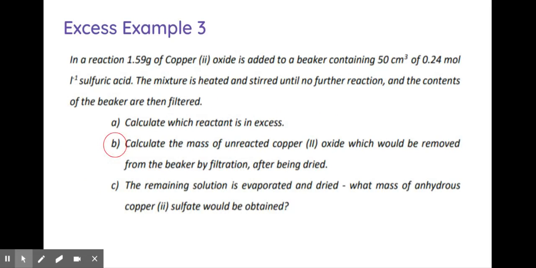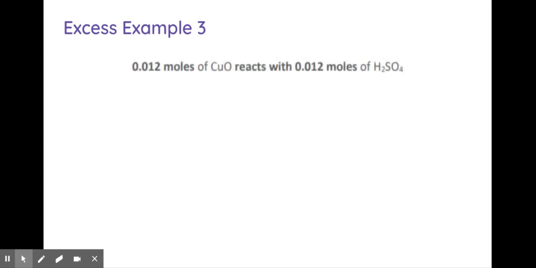B asks us to calculate the mass of unreacted copper oxide, which would be removed from the beaker by filtration after being dried. Now, not all of that 1.59 grams of copper oxide is going to react, and we want to calculate how much of that is going to be unreacted. So what we need to do here is look at our mole ratio of copper oxide and sulfuric acid.